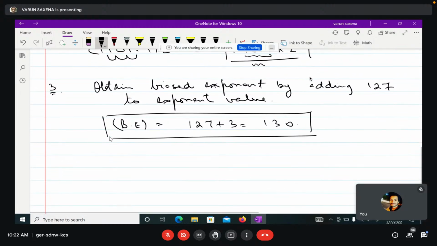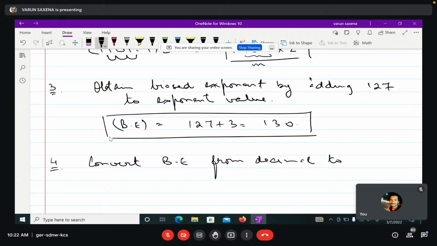Then the fourth step is, of course, since we're writing everything in zeros and ones, you need to convert this biased exponent into its equivalent binary value. So convert BE from decimal to binary format.